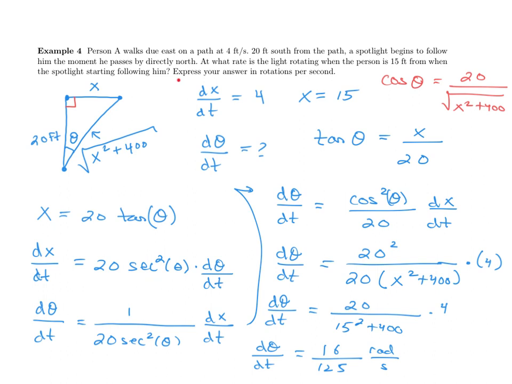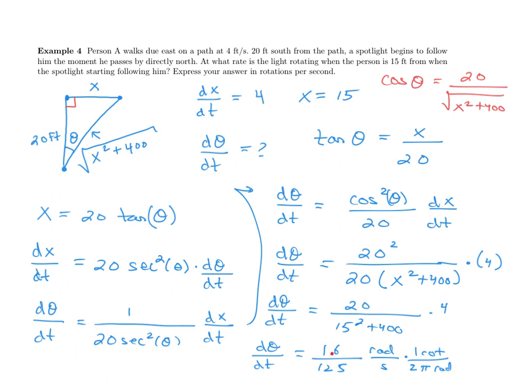It says to express the answer in rotations per second and not radians per second. How do you convert from radians to rotations? Well, if you do one full rotation around a circle, you've gone 2 pi radians. So I'll put rotation is equal to 2 pi radians. So these radians cancel.